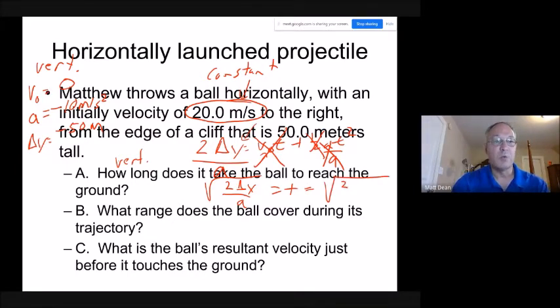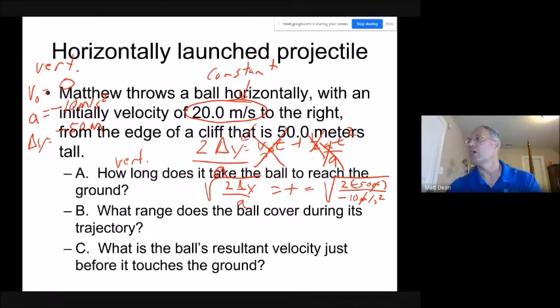2 times delta y. Delta y is the vertical displacement, which is negative 50 meters. And our acceleration is the acceleration due to gravity, which is negative 10 meters per second squared. Well, these meters are going to cancel, and we're going to be left with units of seconds squared. Let's go 2 times negative 50 to get negative 100. Divide that by negative 10 to get positive 10.